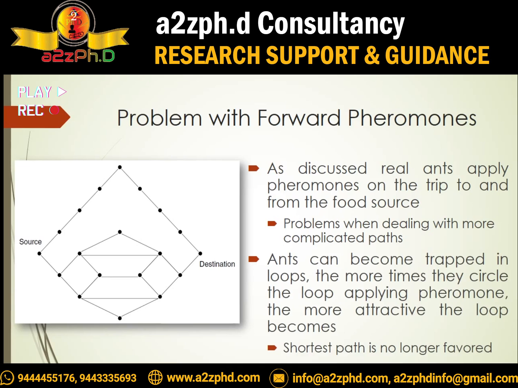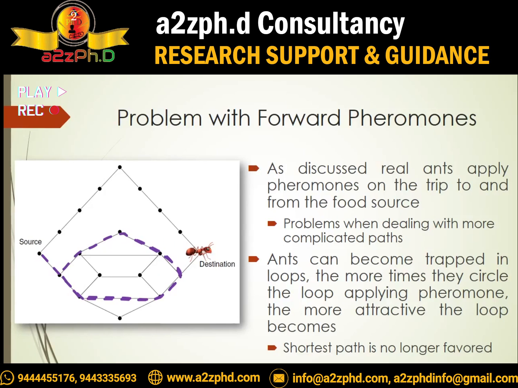However, when dealing with more complicated paths, this can lead to problems. Specifically, ants can become trapped in loops that they create. So we imagine an ant setting off on this advanced double bridge, and if it gets caught in a loop, as it circles around the loop, applying pheromone, the loop will become increasingly attractive. And the more it circles around the loop, the more attractive the loop becomes.